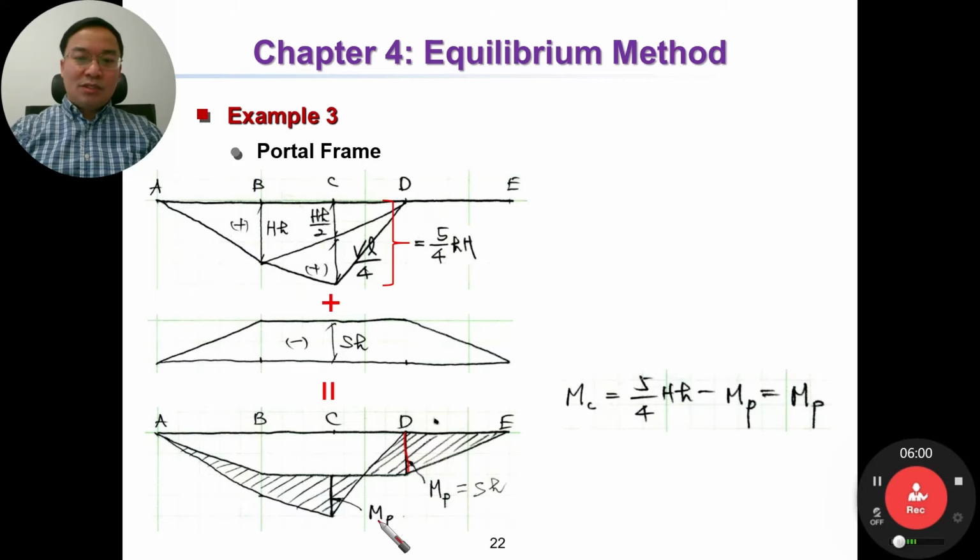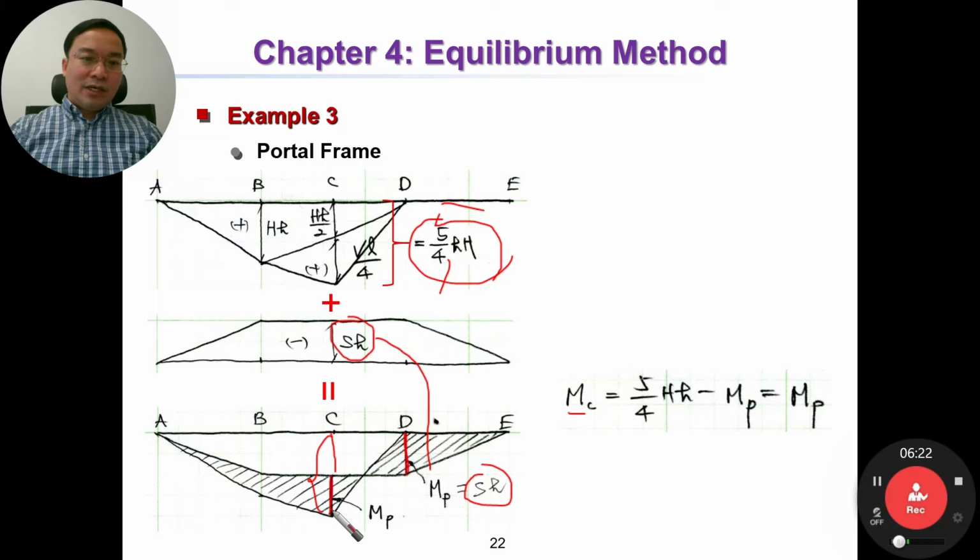This equals MC, equal to this one minus MP, because MP equal to this one. This is MP, and the total is this one. Then now we have MC equal to this one, and it's also equal to MP.